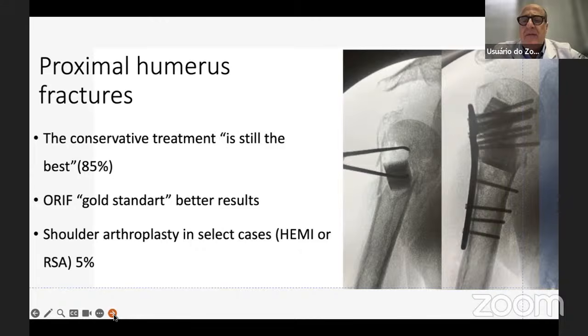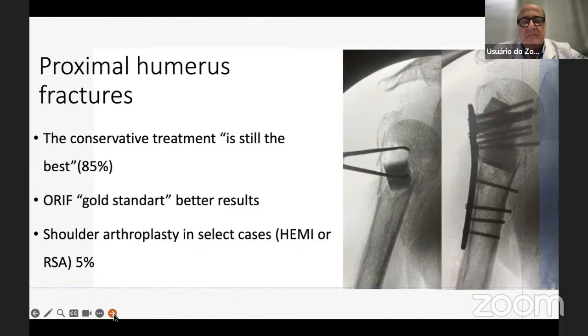This is the way that I've been doing the osteosynthesis of the proximal humeral fracture when there is great comminution and compaction of the cancellous bone. I've been using a structural graft. This graft is not a bone, in fact, it's something derived from sodium carbonate that you can use as a structural graft to support the head.